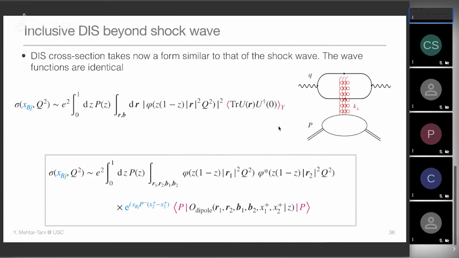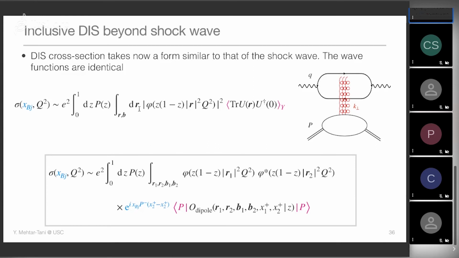And just to show you that, in fact, this operator appears naturally in this framework that's beyond eikonal, without really spoiling the standard picture we have at small x. So we still have the same wave functions that appear in small x.